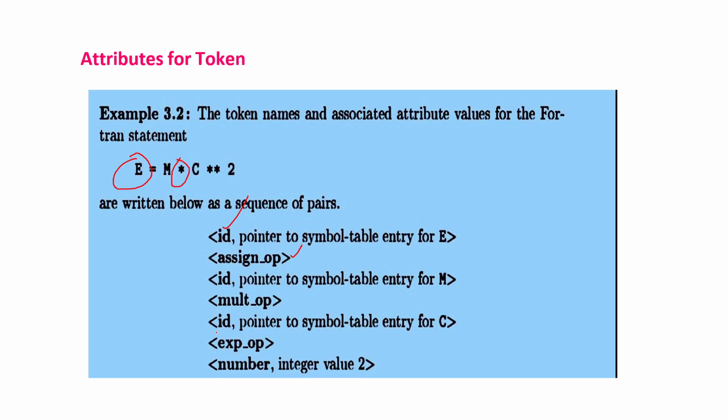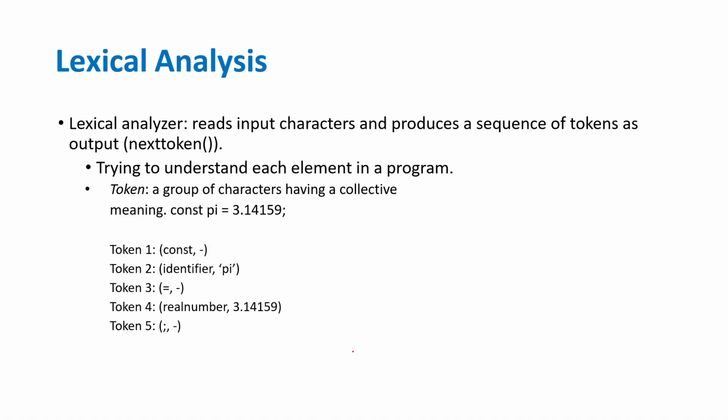Then again an ID, a pointer to the symbol table entry for capital C. The operator is the exponential operator, EXP op. Then 2 denotes a number, with integer value 2.